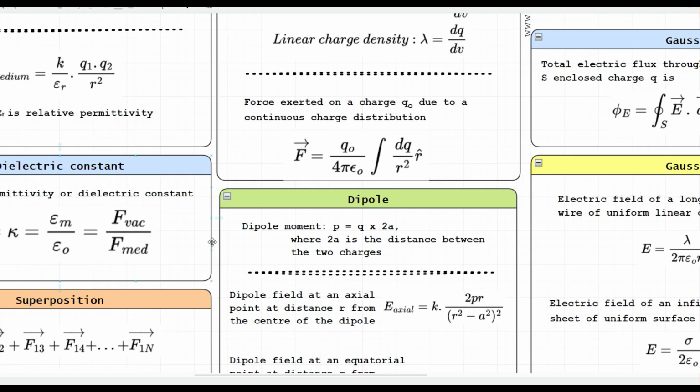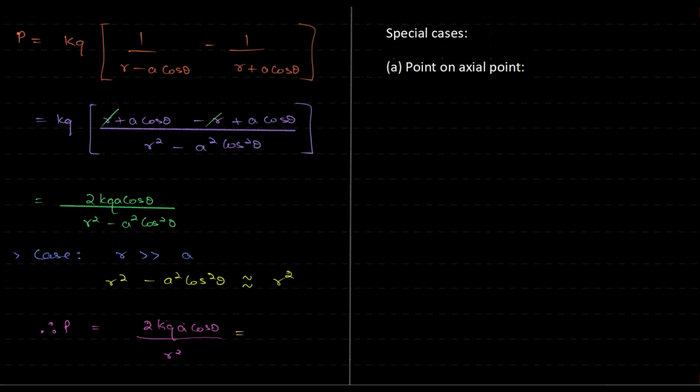Can you see that? 2AQ is nothing but your dipole. This has to be highlighted actually. It is a vector product. Just a second. This is entirely highlighted. Okay. Now, let's go back to this.